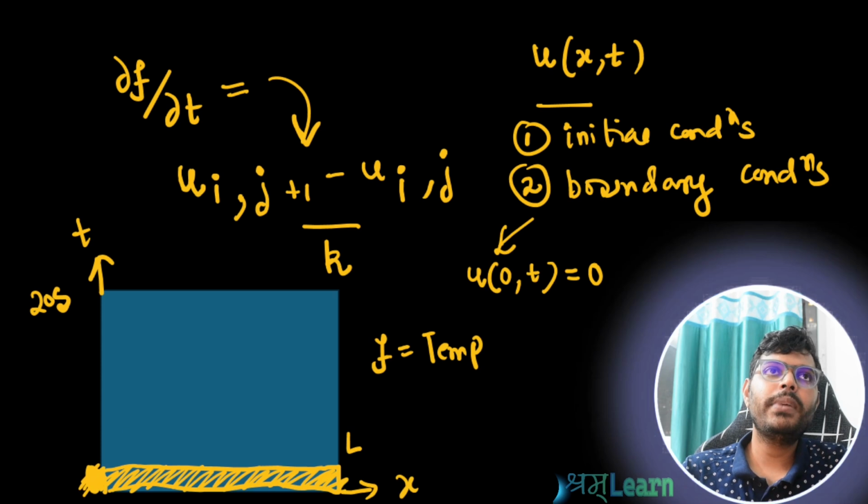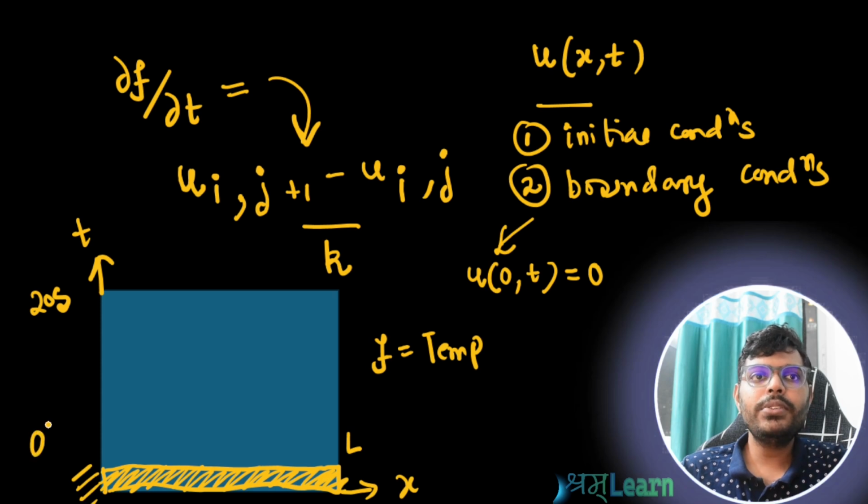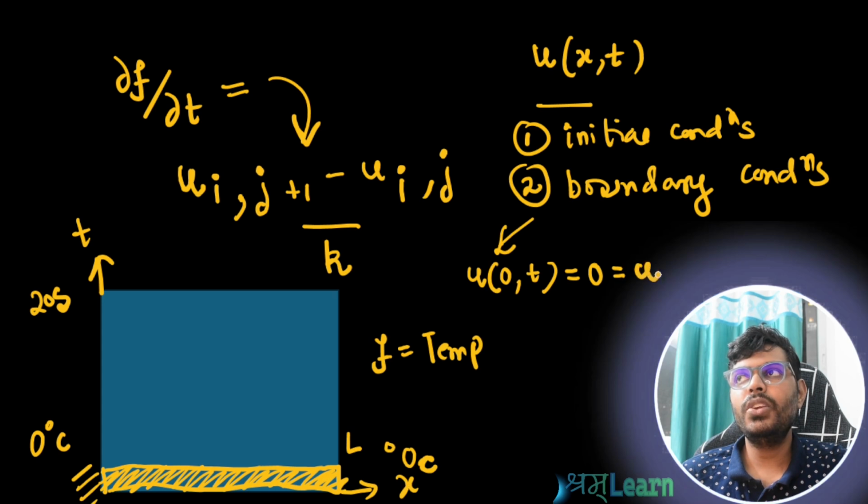This is our boundary. So this is 0 degree Celsius, and this is also 0 degree Celsius, right? So that is equal to u of L comma T.